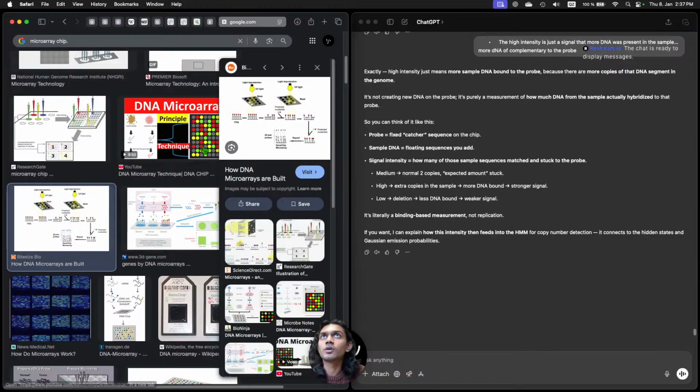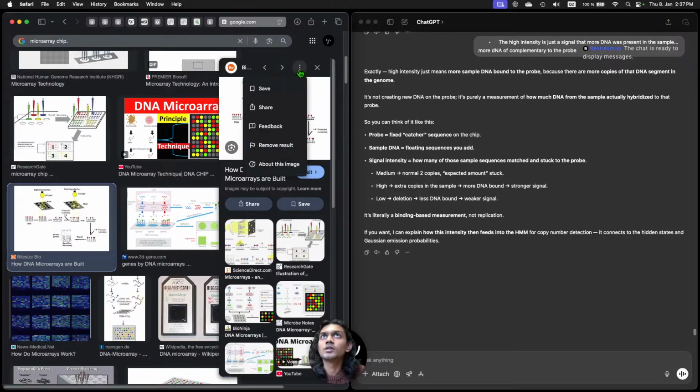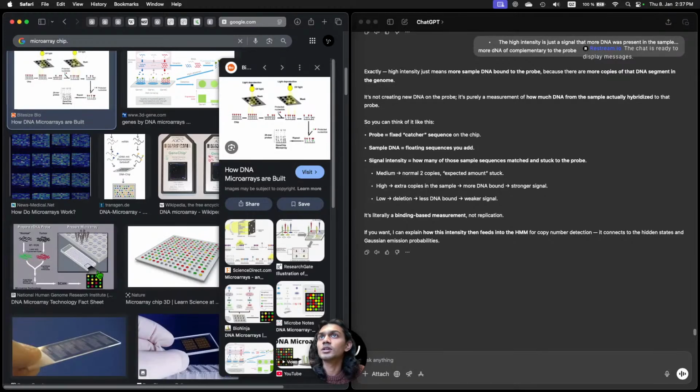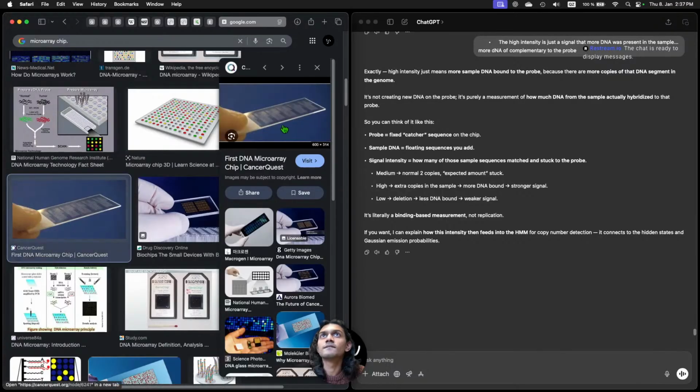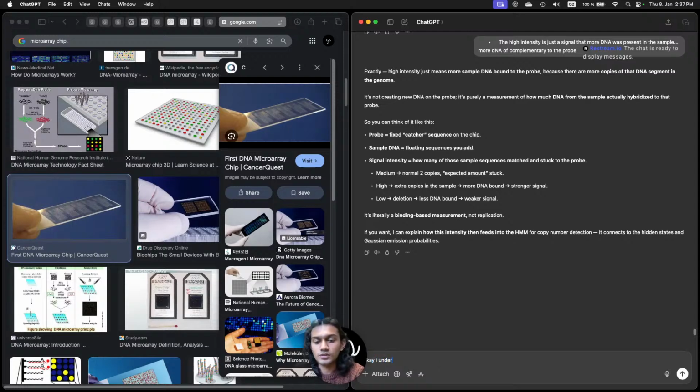How DNA microarrays are built. Oh, can I see the image bigger? Okay, I understood the 1, 2, 3 of probe intensities.